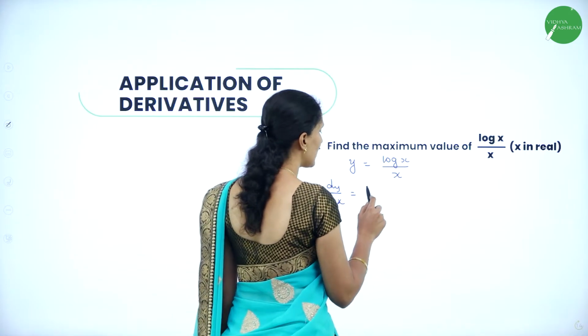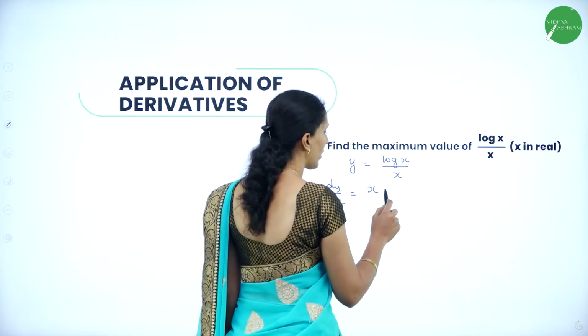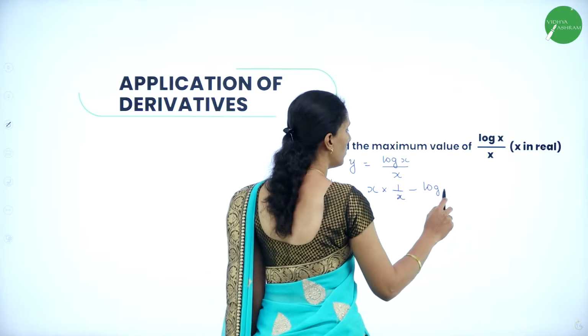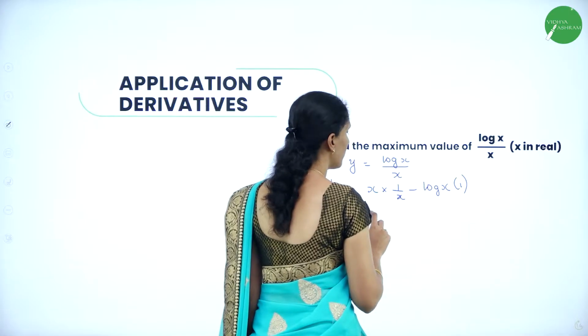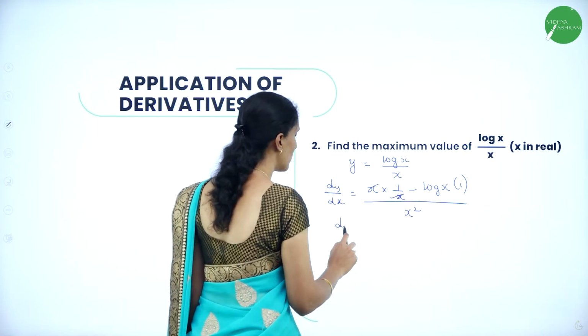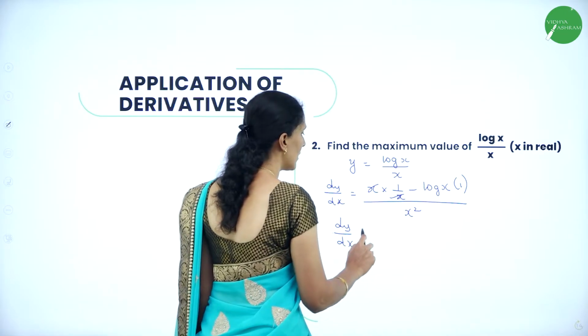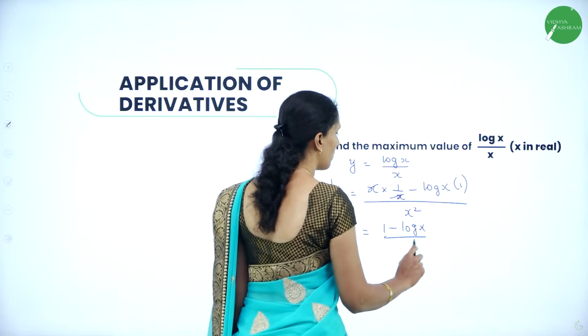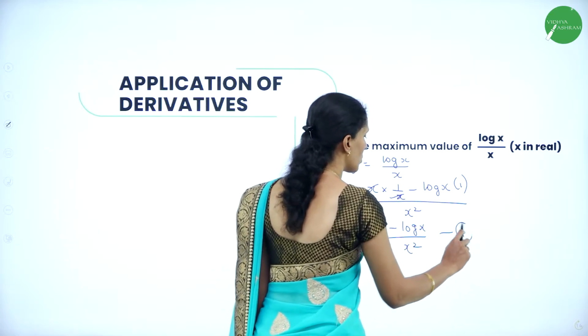So, we have x into derivative of log x, which is 1 by x, minus log x into derivative of x, which is 1, whole divided by x square. So, we get dy by dx is equal to 1 minus log x divided by x square. Take this as equation 1.